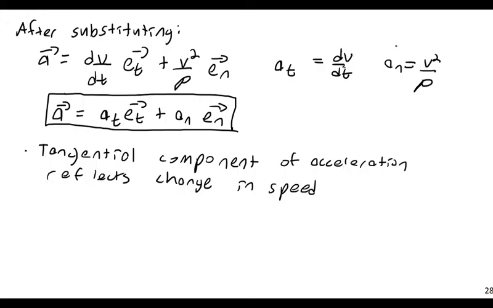Notice we're taking the change of v, which is speed, and the normal component reflects change in direction.